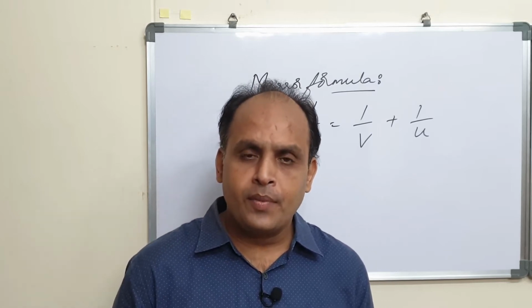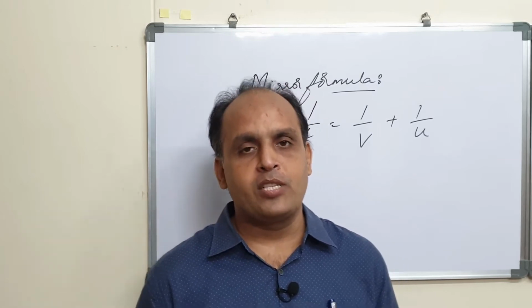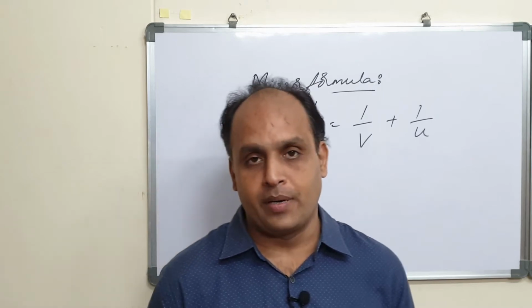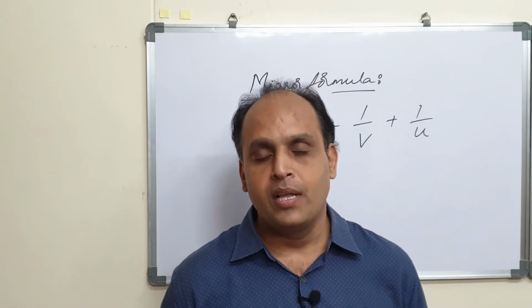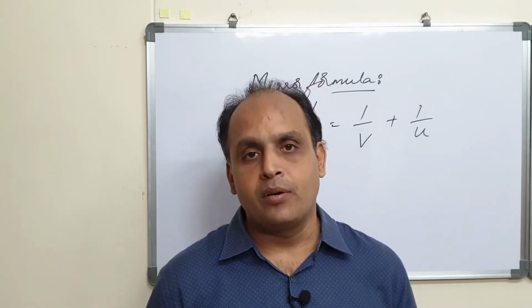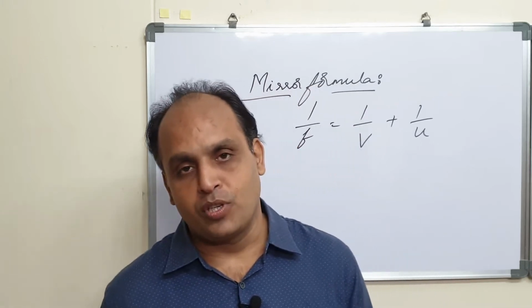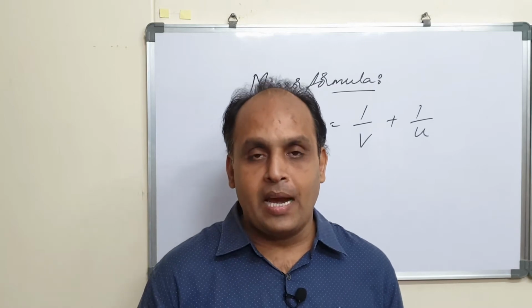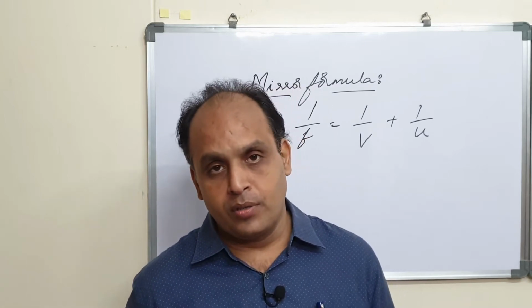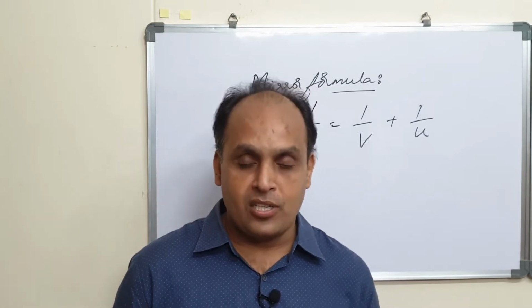But during the course of image formation in the case of spherical mirrors, concave and convex, we have observed that when the object is at infinity, the image was diminished to a point, and when the object was at focus, the image was highly enlarged.